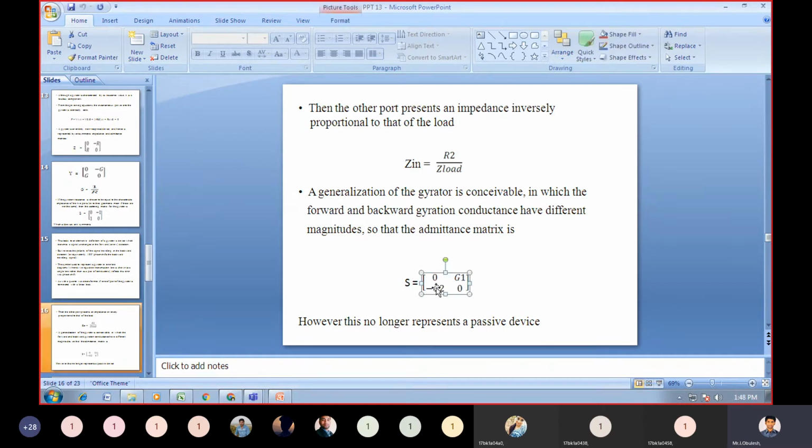See the matrix, the admittance matrix. However, this no longer represents a passive device.